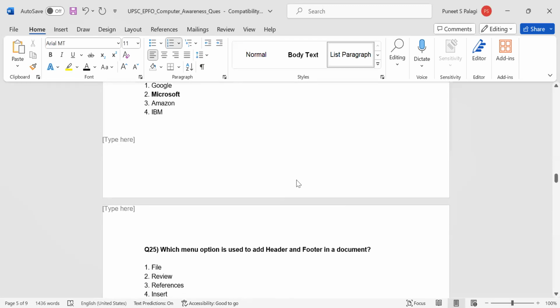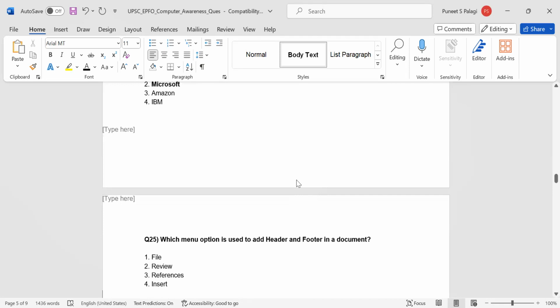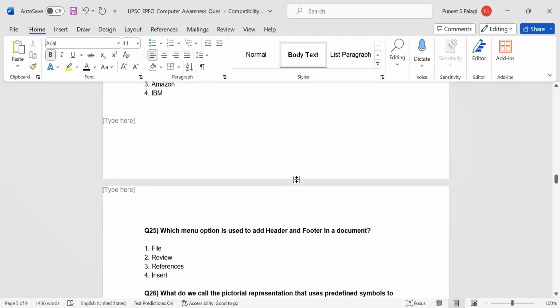Which menu option is used to add header and footer in a document? File, review, references, insert. Okay, which menu option is used to add header and footer in a document? So you can see here itself, we have file, insert, references, review options.